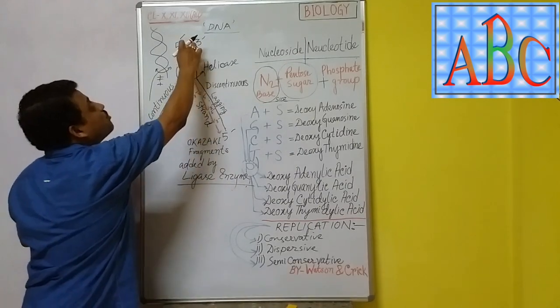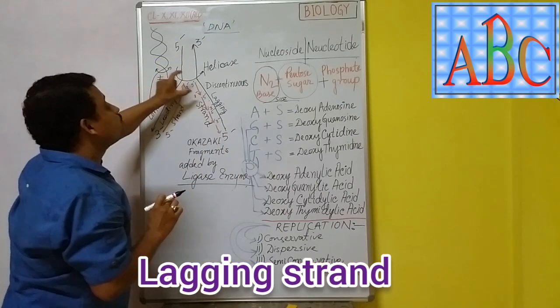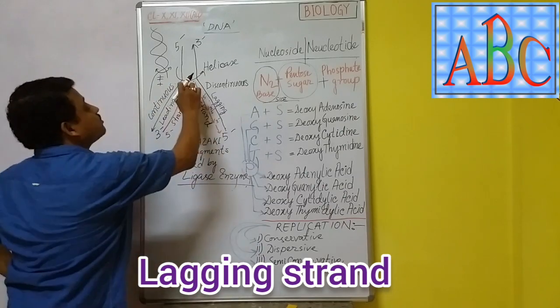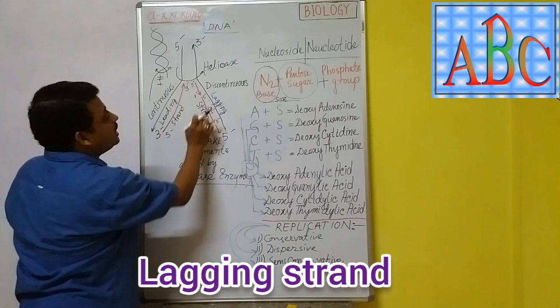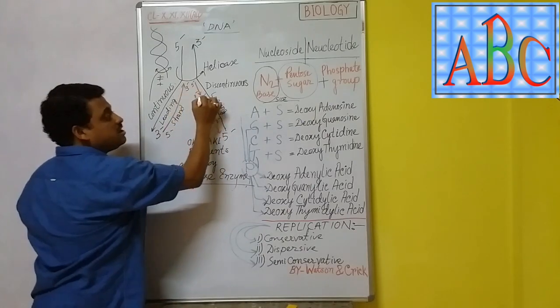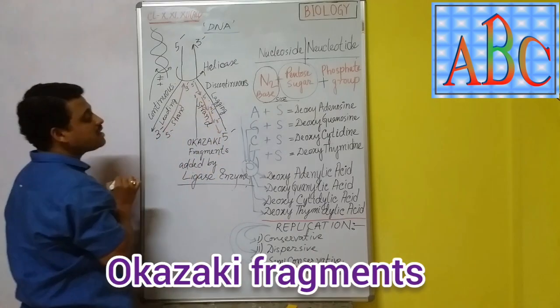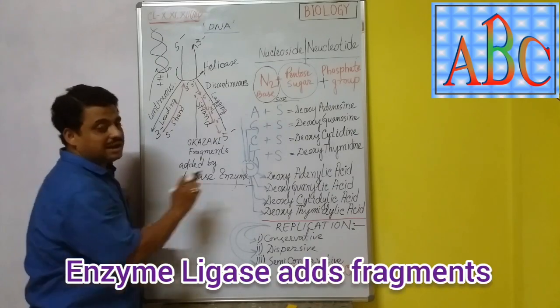From the other strand, from upside to downside, some small pieces of strands are generated, each 5' to 3', and these are called the lagging strand. Due to this fragmentation, they are called Okazaki fragments. These are later joined by the enzyme ligase.